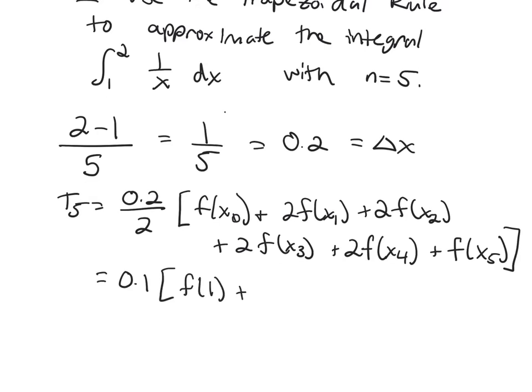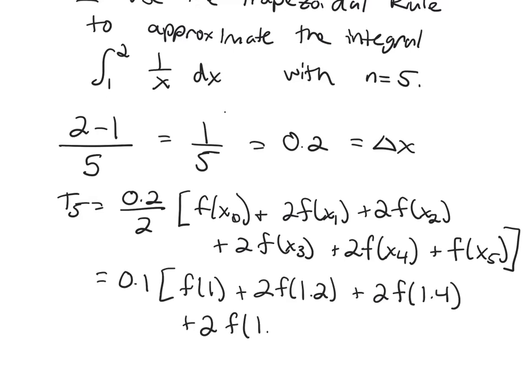To get x1, I just add delta x to that, so that's 0.2, so it'll be 2 f of 1.2 plus 2 f of 1.4, you add another delta x to that, plus 2 f of 1.6, f of 1.8 and then f of 2. I've reached the end of my interval. Okay, so the only ones without a coefficient of 2 should be the start point of your interval and the end point of your interval.